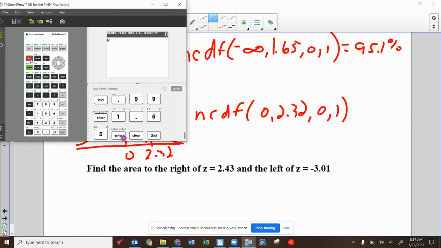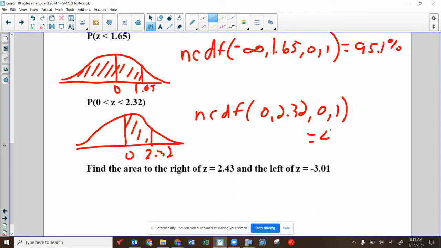So as you see, it's kind of the same thing over and over again. It's just making sure that you put the numbers in the right spots. So 49.0%, same as it was on that first one there. It was a slightly different answer, but when you round it, it gives you that.